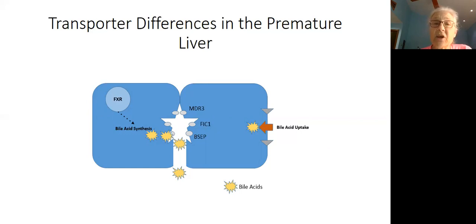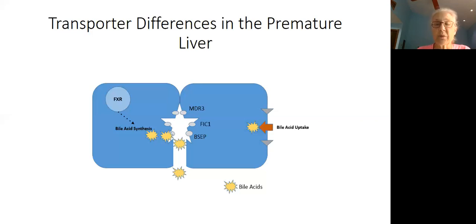And then you also don't have much of the main bile acid transport protein, which is called BSEP, or bile salt export protein. So in general, you don't have much synthesis or transport of bile acids in the premature liver.